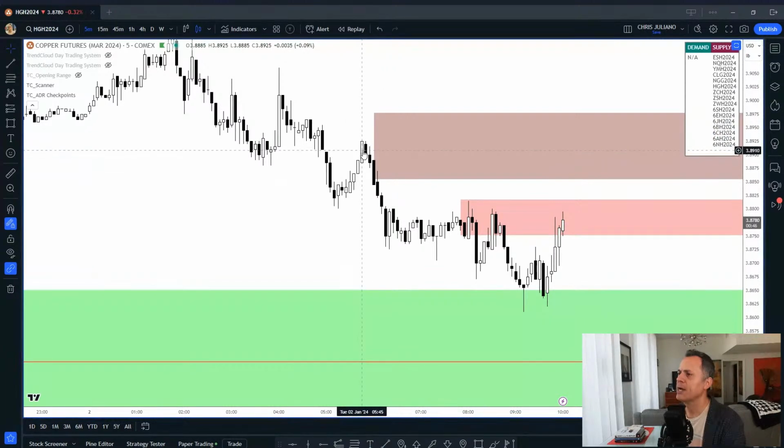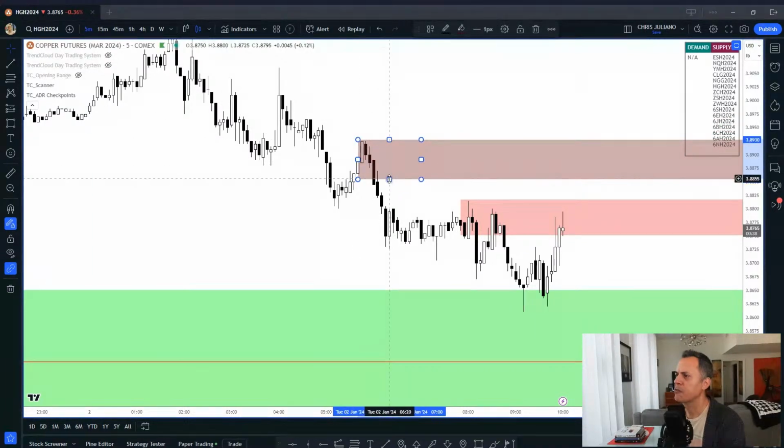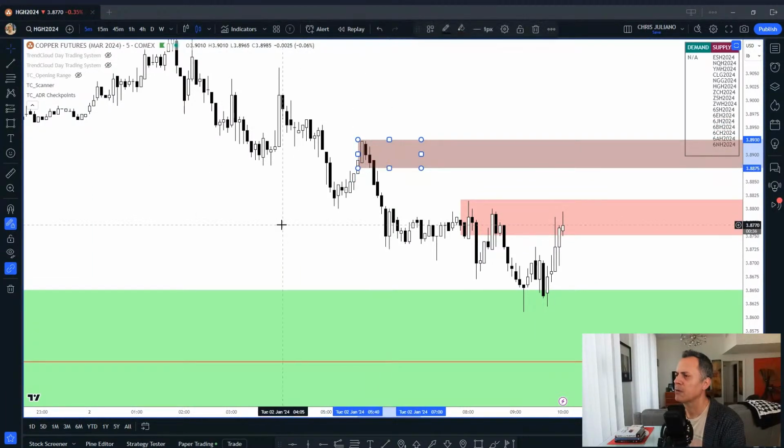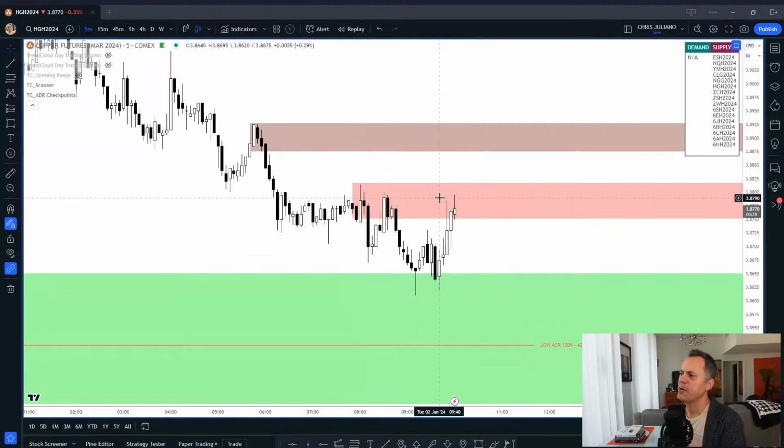We've got a rally base drop. Okay, so we can zone in on this right here, right? We can zone in on that. Very possible this wants to go here.